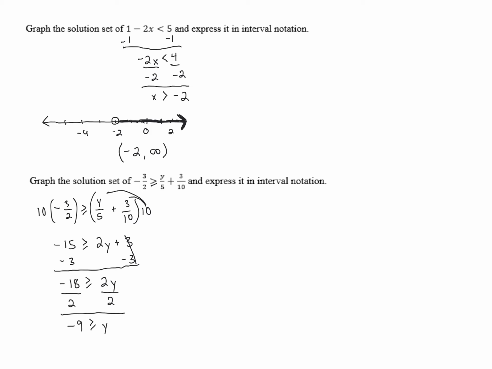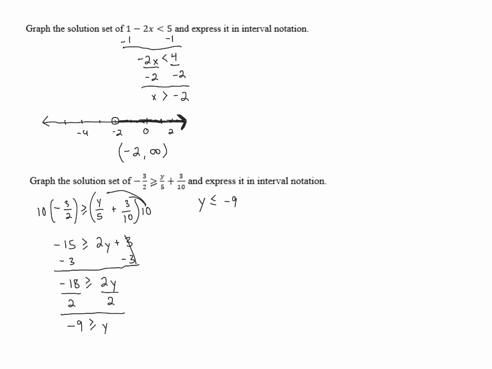What would that give us? If we flip the two sides of this inequality, then y is on the left, negative 9 is on the right, and the inequality sign becomes less than or equal to. So now we have y is less than or equal to negative 9, and we're ready to graph this on the number line.